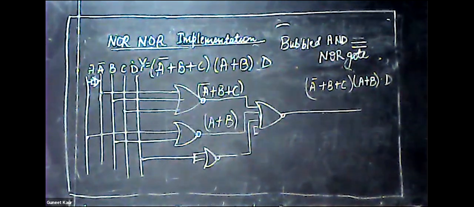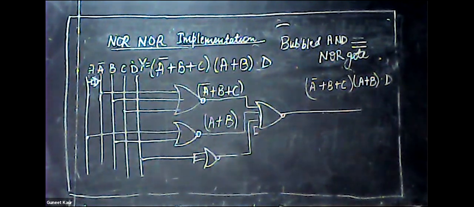We replace all the OR gates by NOR gates. Firstly, we make the AOI logic. Second, we convert all the OR gates into NOR gates. Then the inverter is also converted into NOR gate, and the AND gate is converted into bubbled AND, and then the bubbled AND is converted into your NOR gate, because you know that the bubbled AND is equivalent to the NOR gate. So we have derived our expression.